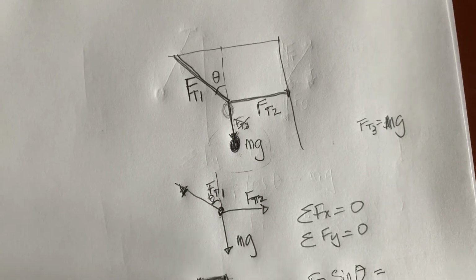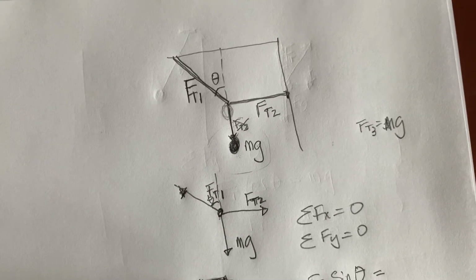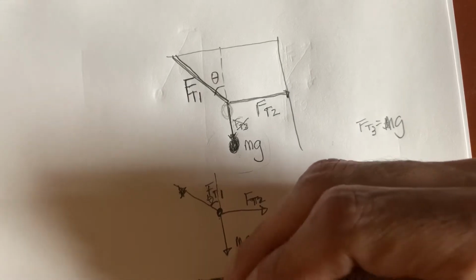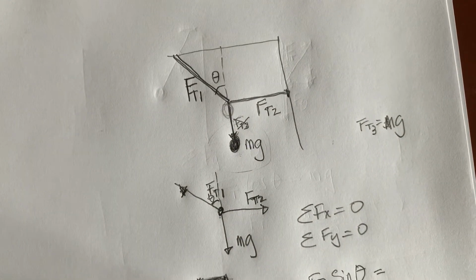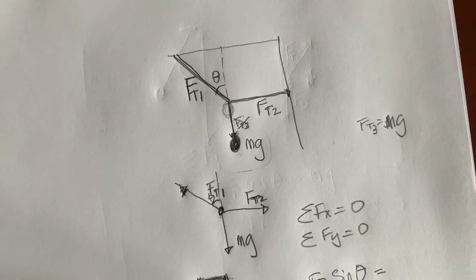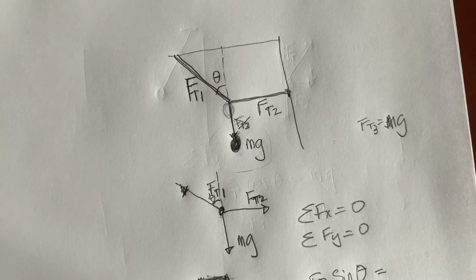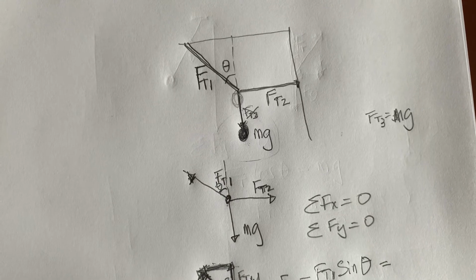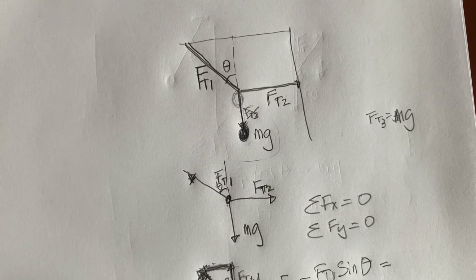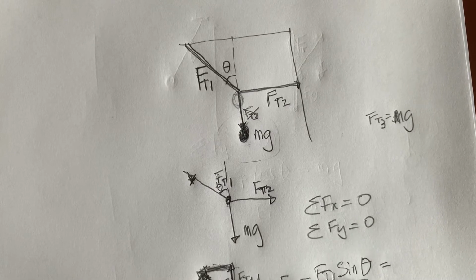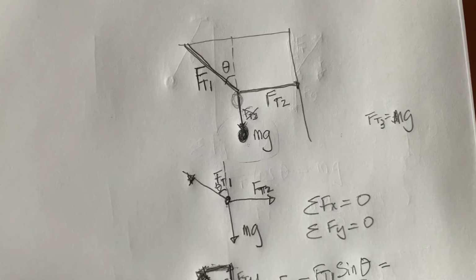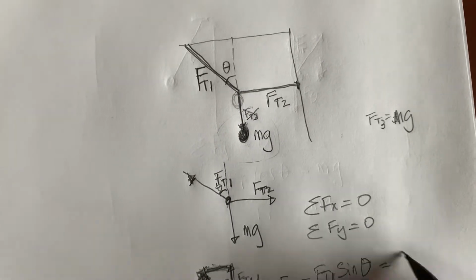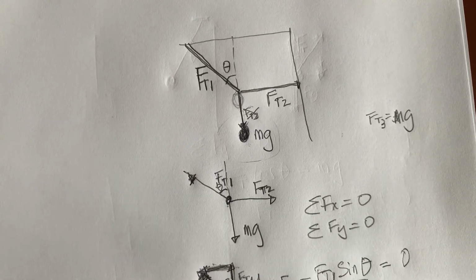So again, this is my first force, this is my second force, that is my third force, and I have broken this one, FT1, into two components, FT1x and FT1y. If I look at just the components in the x direction, I have this one here, and then FT2 pulling to the right, which is positive, and these have to equal 0.